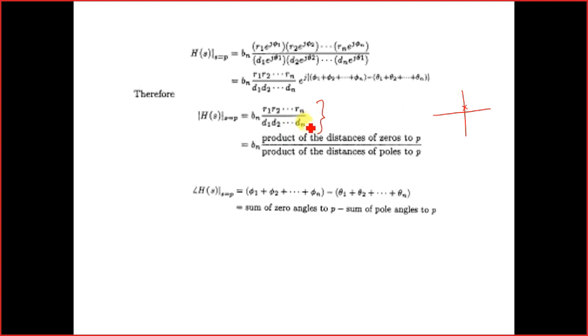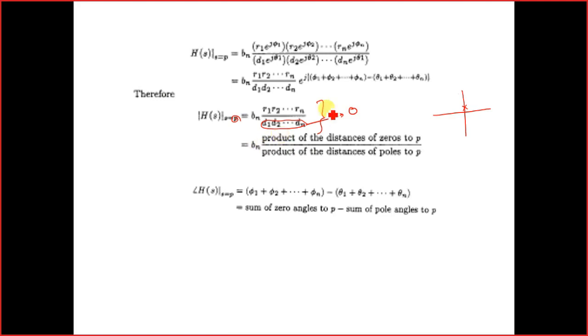So what we have over here is the product of the distances of the poles to the particular frequency. So at that particular frequency, at P, what would happen? This denominator would become 0, right?